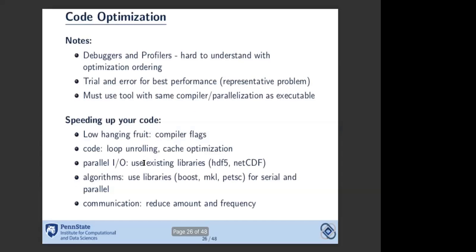This is a summary of the different items that we talked about today. I'll focus in on speeding up your code. Start with the low-hanging fruit, those compiler flags. You can sometimes get pretty significant speedup for relatively small effort on your end. With code, loop unrolling can be helpful.